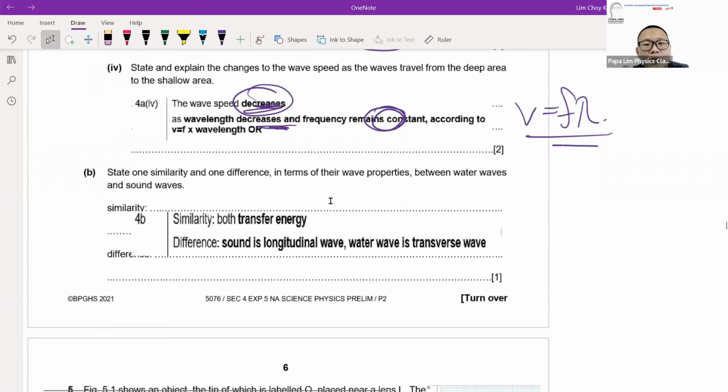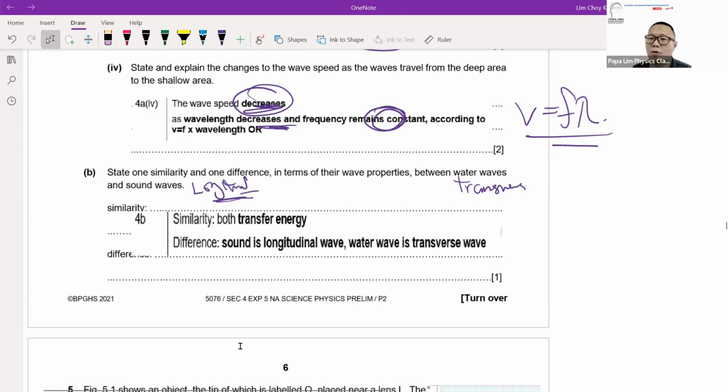Similarity and differences between the wave properties and sound wave. This one I would say is a very standard textbook answer. Basically what they are trying to ask is the difference between transverse wave versus longitudinal wave. Transverse wave, the vibration is perpendicular, longitudinal, the vibration is parallel.